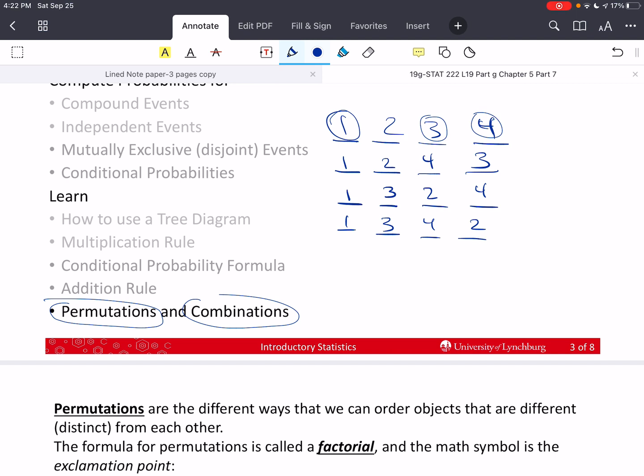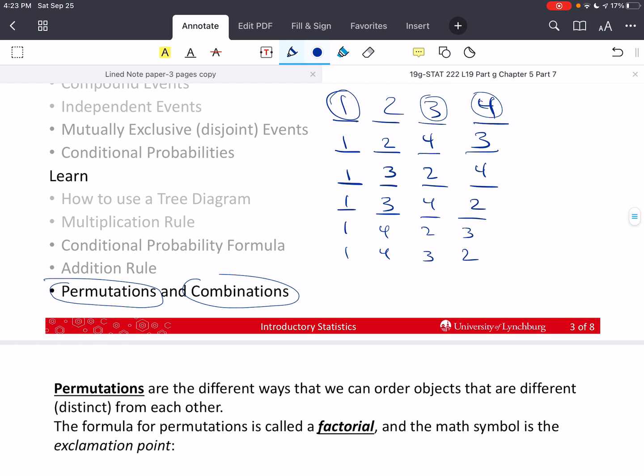So now I'm going to switch to 4 in the second spot. And you notice that in each case there's 2 and 2. So it makes sense that there's going to be another 2 for 4. So then I have 2 and 3. And switching those would be 3 and 2.